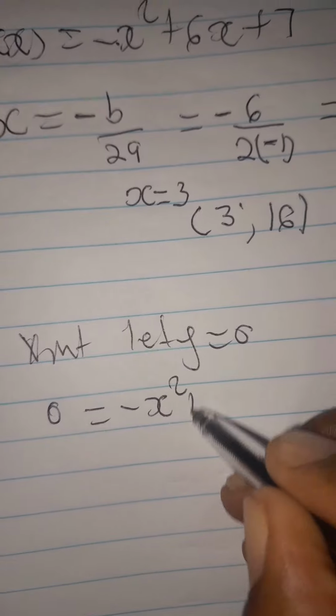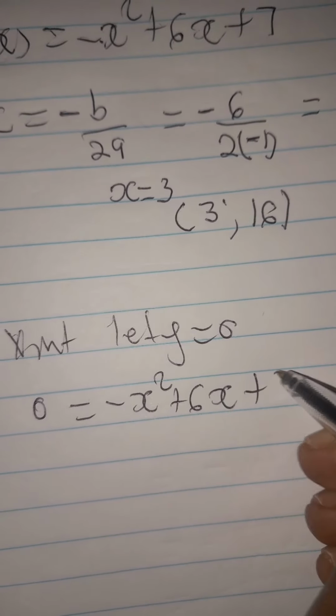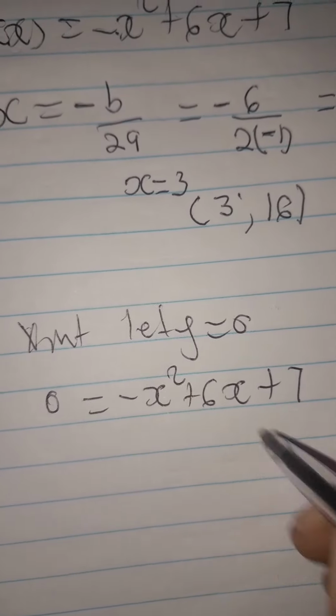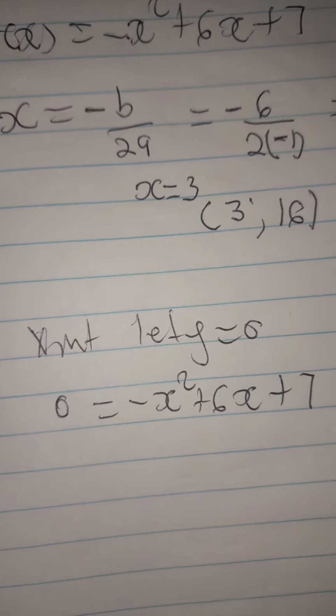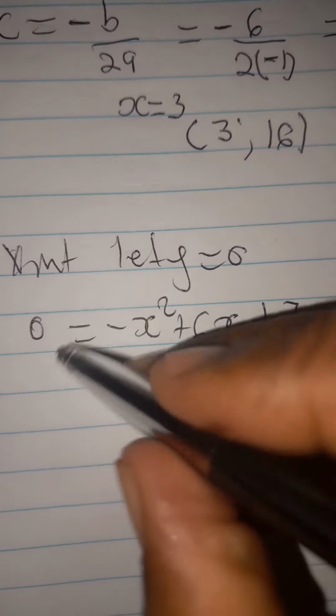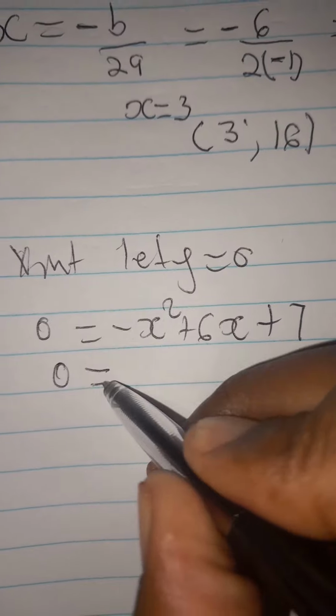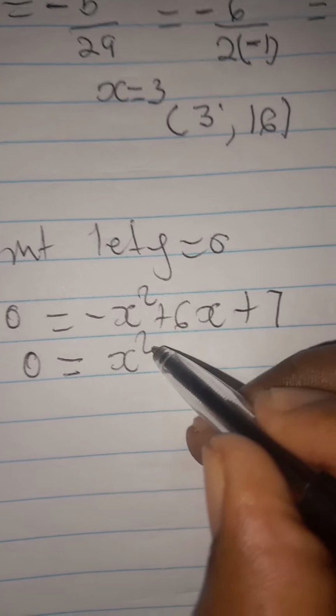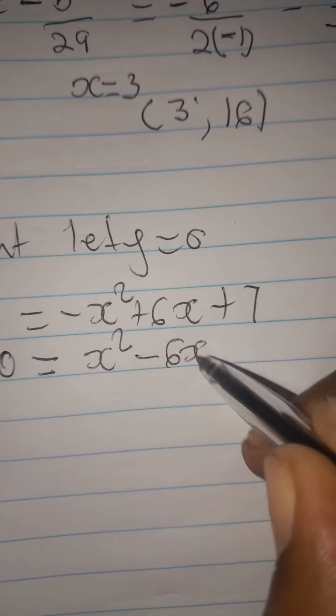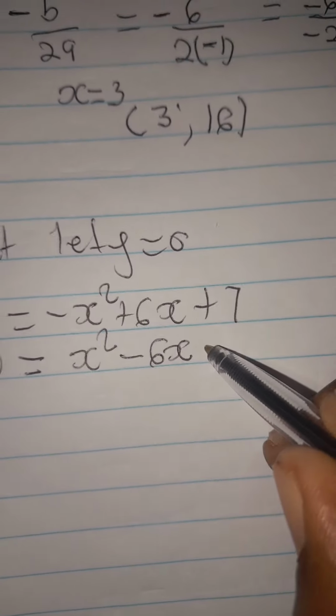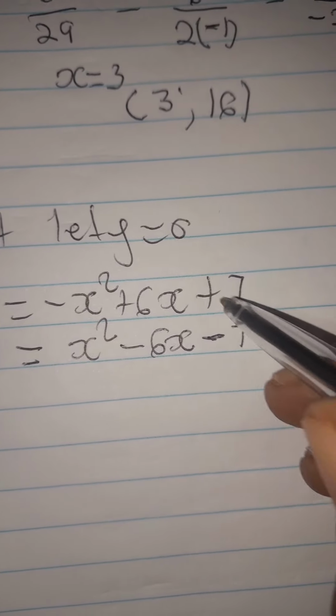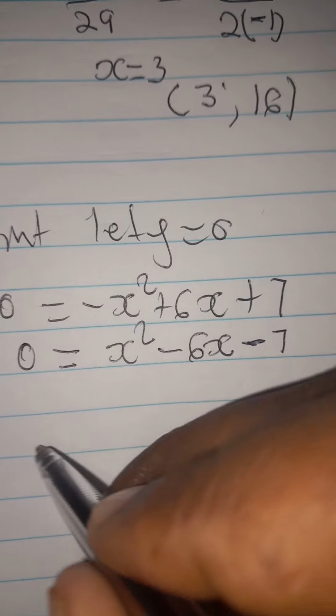So we have negative x squared plus 6x plus 7 equals 0. We can divide everything by negative 1 so that we are able to solve for x. It remains 0, x squared, negative 6x, and negative 7.